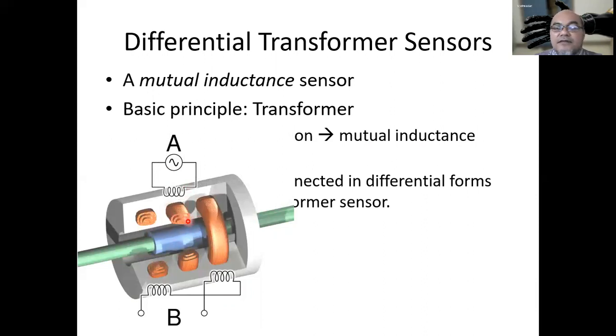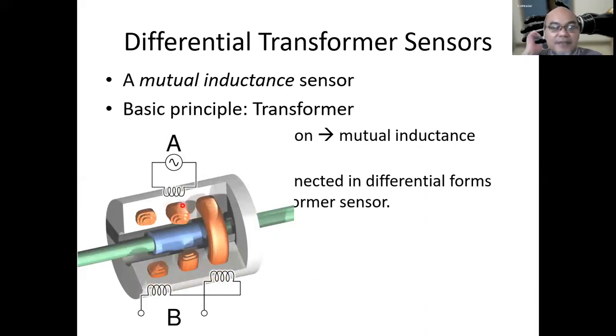And then on its left and on its right, there are two coils, which are connected, represented by B. Now, in the middle, there is this core, which has this blue magnetic field. So when this core is exactly at the middle, which is at A here, then the captured magnetic field by the two transformer coils, B left and B right, will be the same.